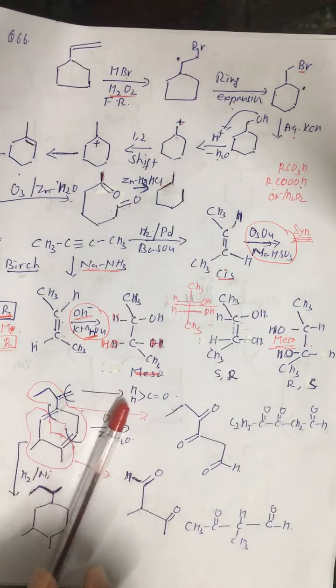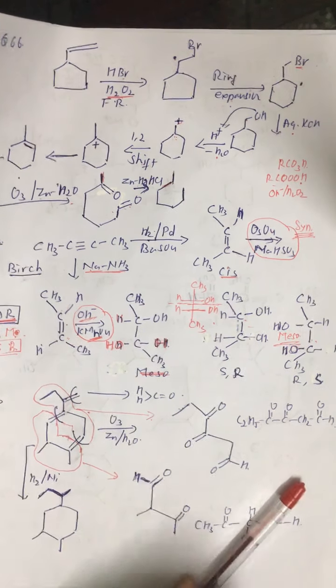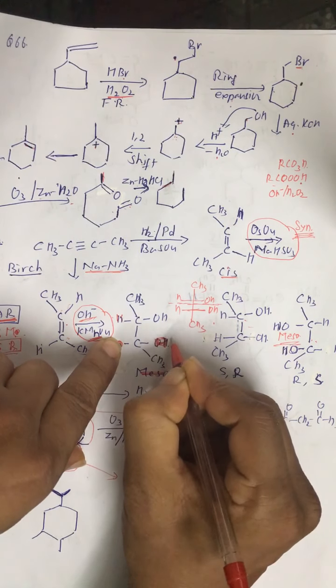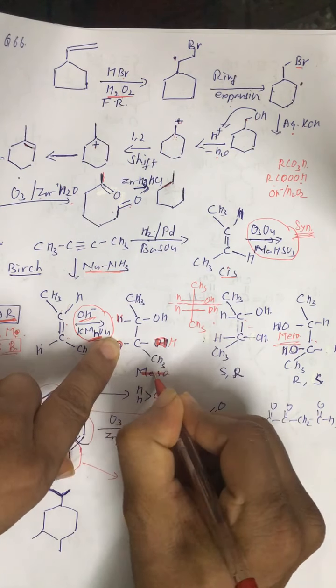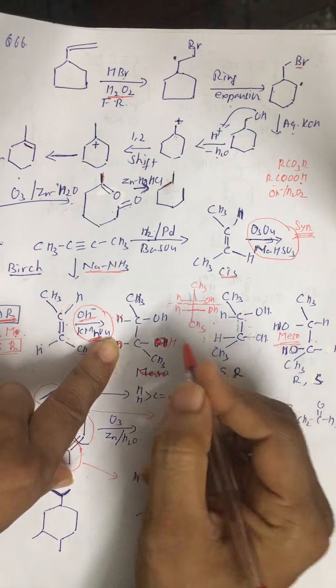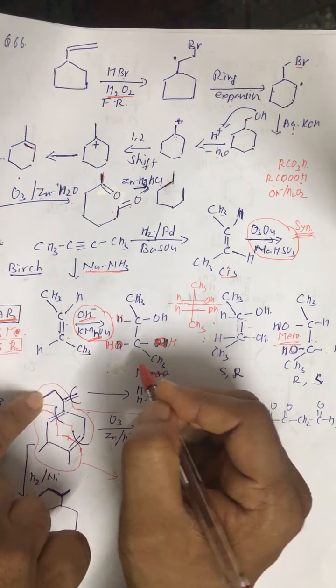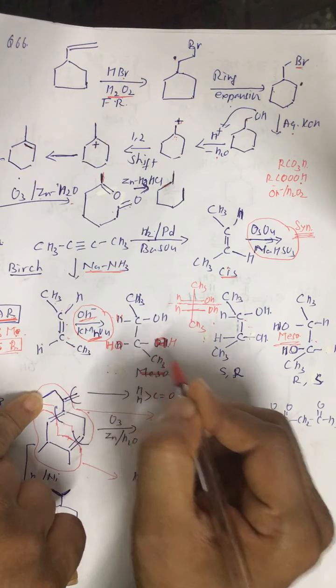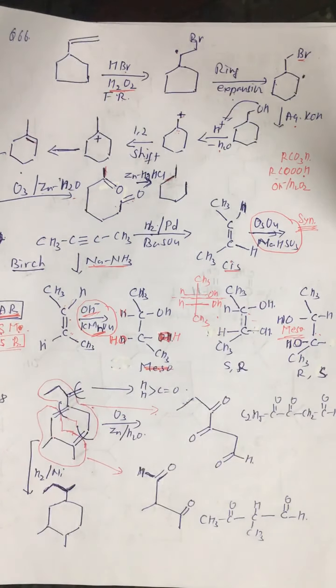I'm sorry, this addition is from the same side. The addition is from the same side, but it is not a mesoform. This is a racemic mixture. That can be explained. This is trans, and actually I can show you.